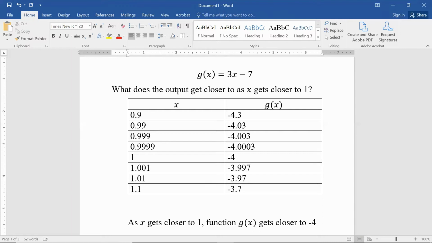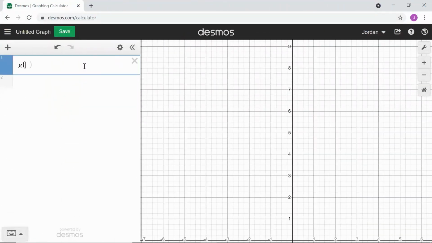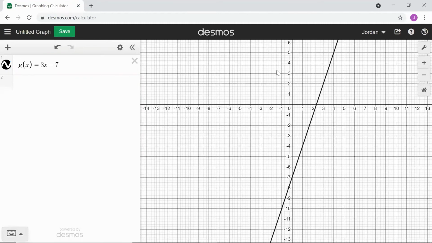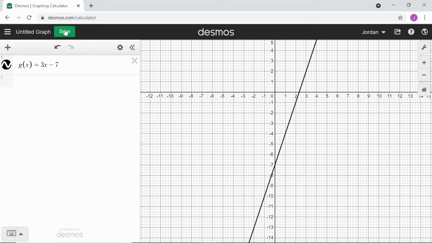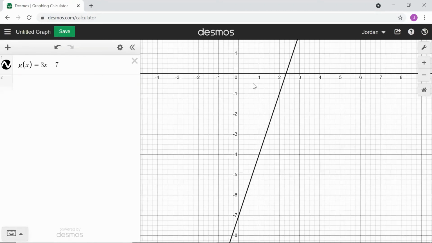All right, and we can look at that through Desmos by just graphing g of x equals 3x minus 7. I'll graph it in the color black. Again, I'm just on desmos.com/calculator. In this case, we want our x value to get closer and closer to 1.